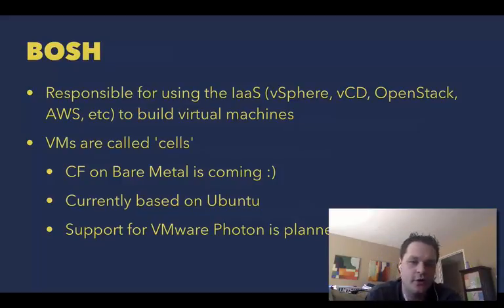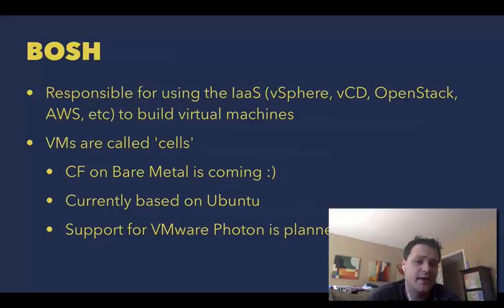These raw hosts are called cells, and Bosch is the tool responsible for requesting these raw hosts or VMs from the relevant infrastructure as a service, whether that's vSphere, vCloud Director, OpenStack or AWS, they're all supported, to build the virtual machines, put what it needs on there, currently based on Ubuntu with some other stuff, and get it ready to join the cluster.